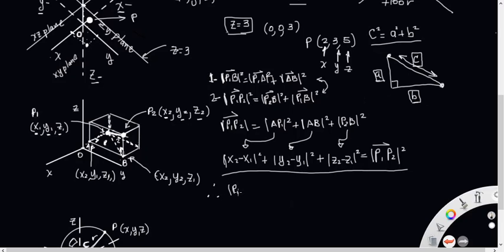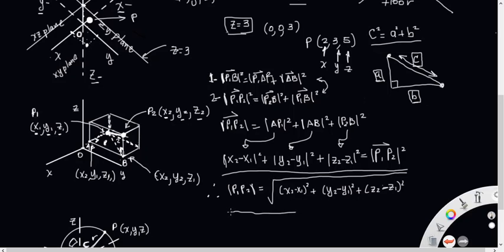The distance between P1 and P2 equals the square root of x2 minus x1 squared plus y2 minus y1 squared plus z2 minus z1 squared. And this is the formula for any distance between two points in a three-dimensional space.